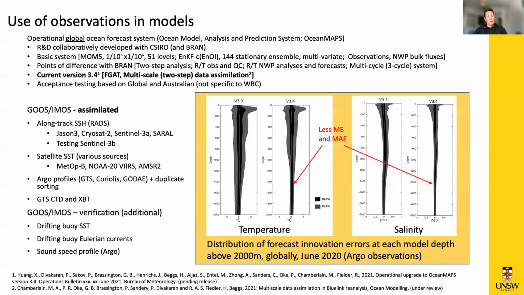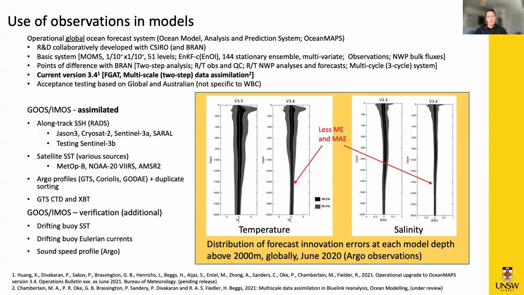So in terms of the current use of observations in models, in Australia, we have a global ocean forecast system, which is a collaborative effort between the CSIRO and the Bureau of Meteorology.